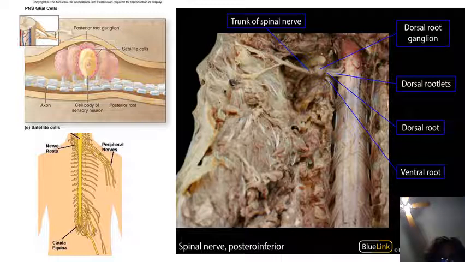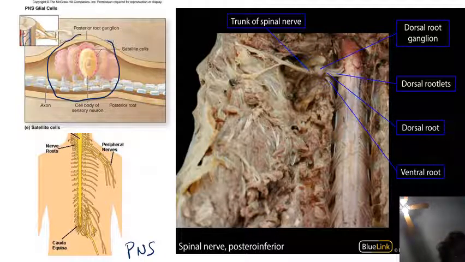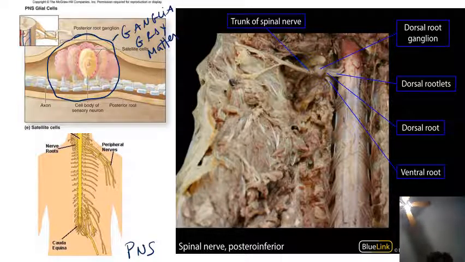In the PNS, peripheral nervous system, bodies of neurons are found in areas called ganglia. So this will be gray matter. While white matter is found in nerves.